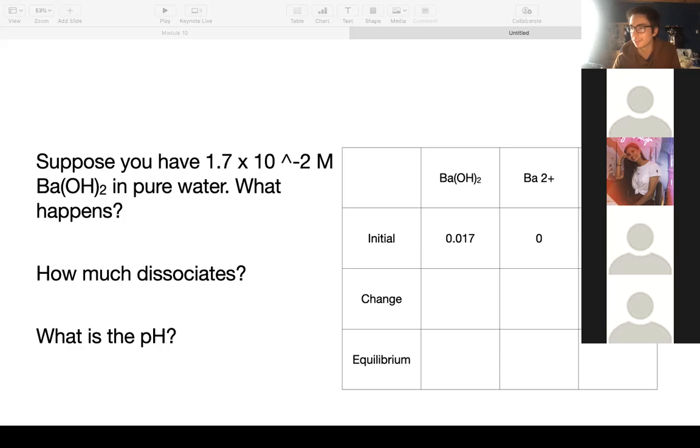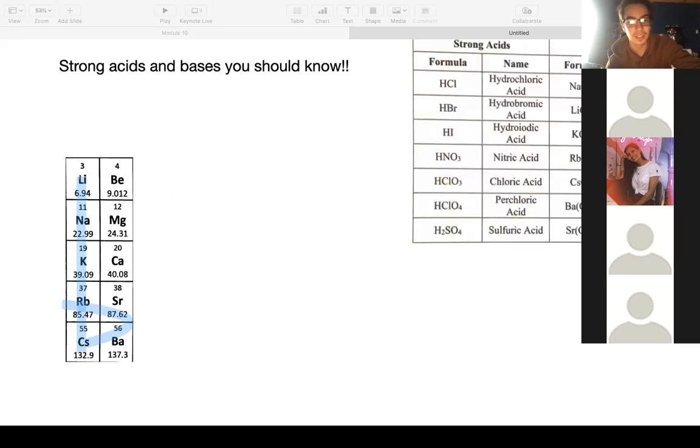So we're going to have an increase of hydroxide ions. So let's look at our ice table. The first thing we want to consider is, is barium hydroxide a strong base? Yes or no? So we go back, look at that chart. We see barium hydroxide is part of that B, so we do consider it a strong base.